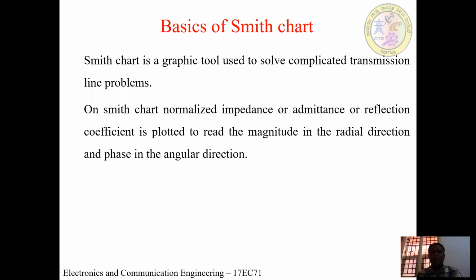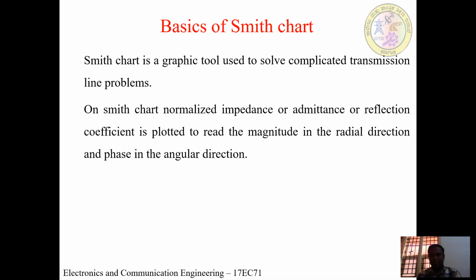On the Smith chart, a normalized value is taken with respect to characteristic impedance. All parameters are divided by the characteristic impedance, what we call a normalized impedance, or it can be admittance or reflection coefficient, and is plotted to read the magnitude in the radial direction and phase in the angular direction.